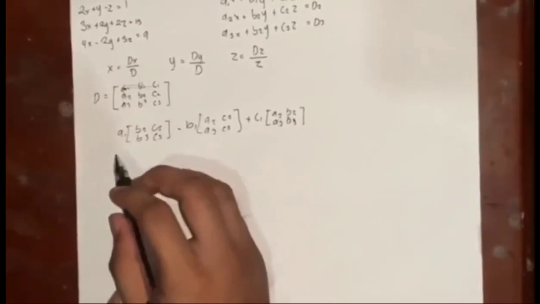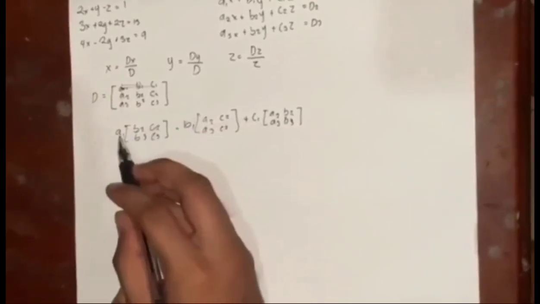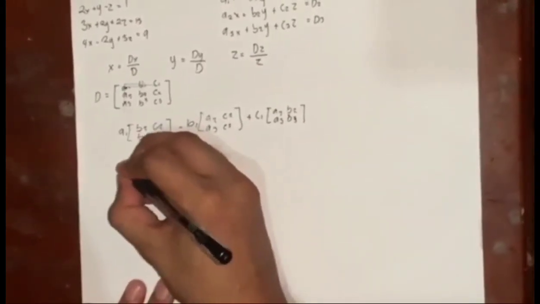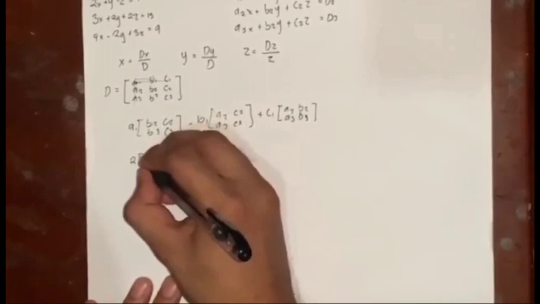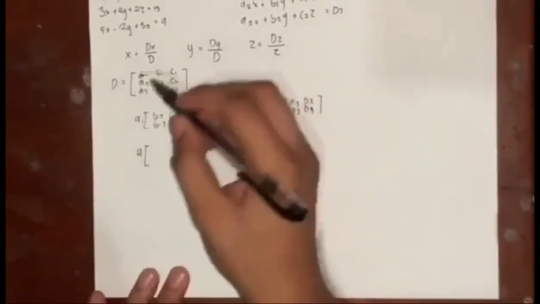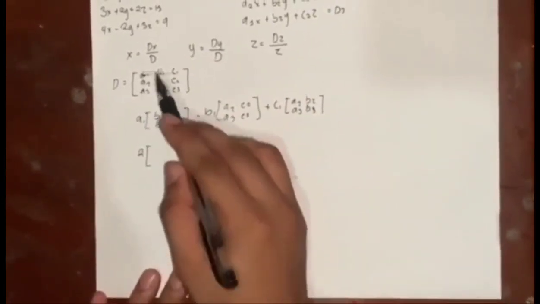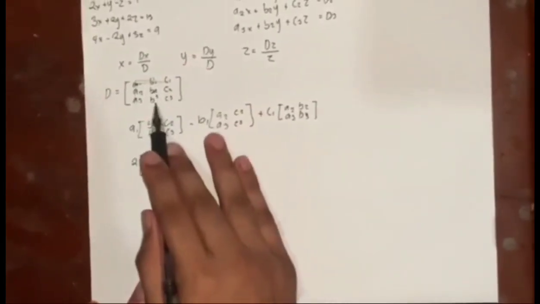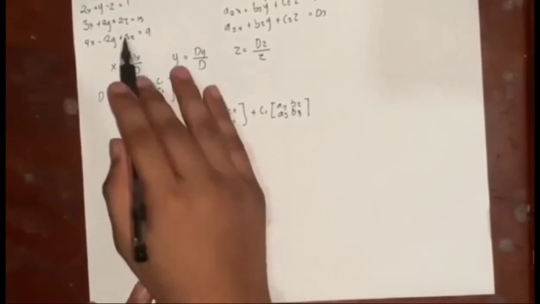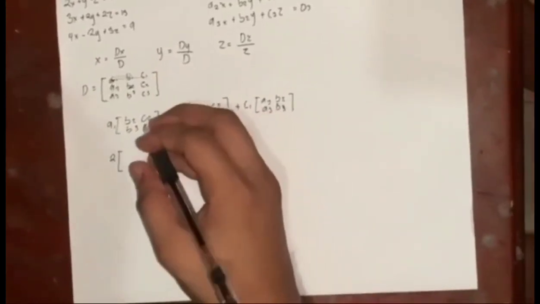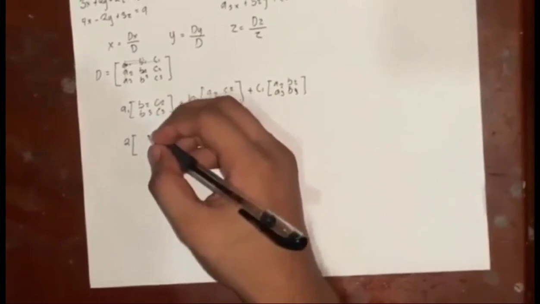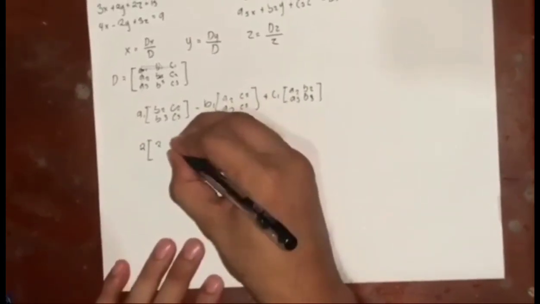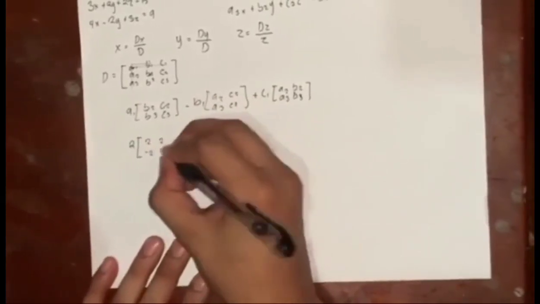And we'll substitute the A1. A1 is equal to 2. B2 is equal to 2, C2 equals to 2, B3 equals to negative 2, C3 is equal to positive 3.